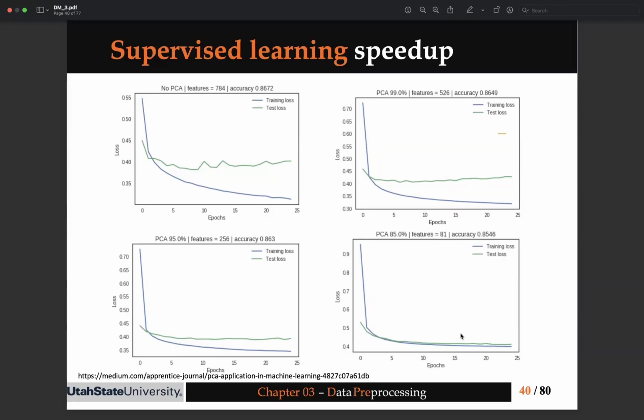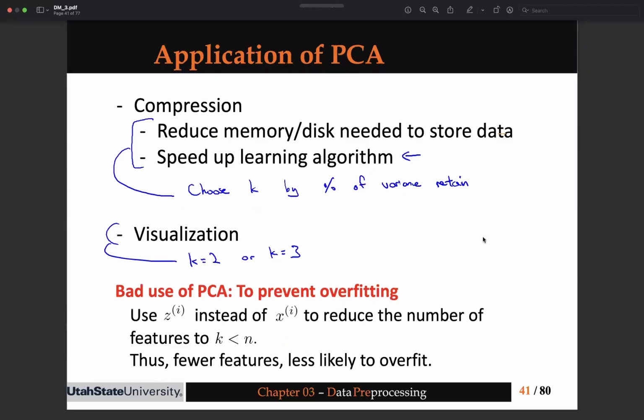At 85%, I'm seeing that 1% of accuracy has dropped, which means that if I'm using only 81 features, of course not the original features but the new PCA features, I'm seeing only a 1% accuracy drop, which is honestly insignificant in this case.